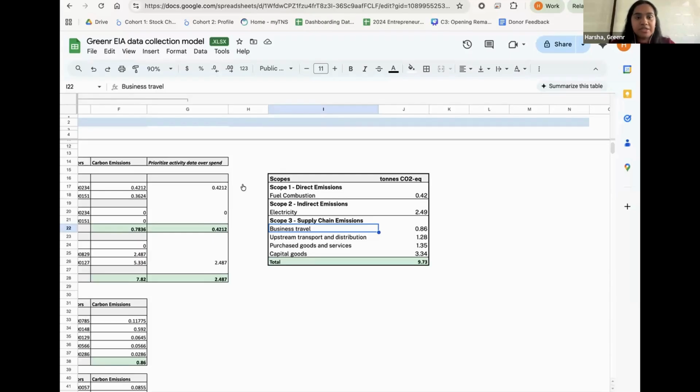But this part of the exercise is just adding on to it, where you also gauge if the business operations are green and not just the product that they sell. Because oftentimes you have a really good product, but you're not operating in an efficient way. So that leads to a lot more emissions. So the net is still carbon positive, right? Yeah.